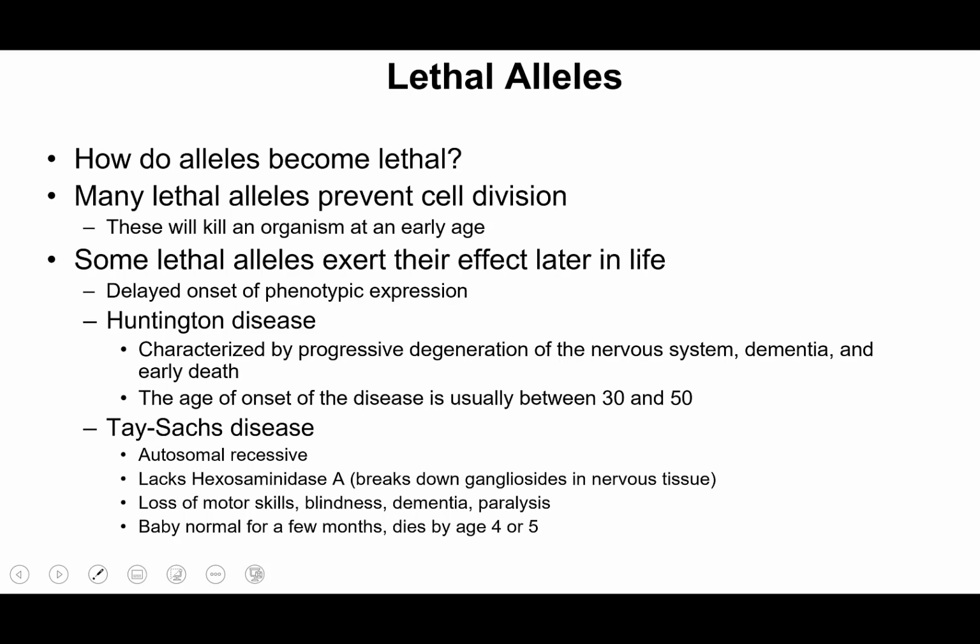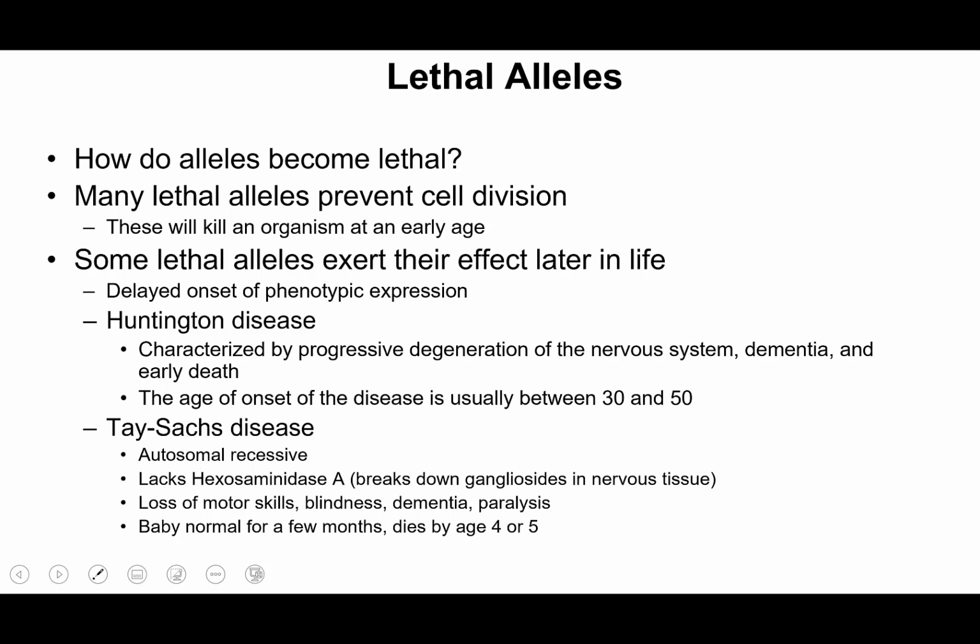How do alleles become lethal? Well, these mutations usually tend to prevent cell division, and that causes an organism to die at an early age. There are a few that are later onset, like Huntington's disease is a good example. Tay-Sachs disease is a good example. We mean later onset in the sense that in Tay-Sachs disease, maybe you can be born normal, but after a few months it starts to be diagnosed.